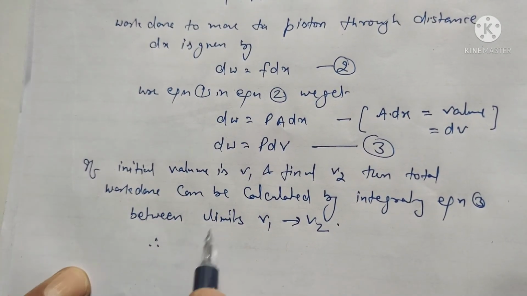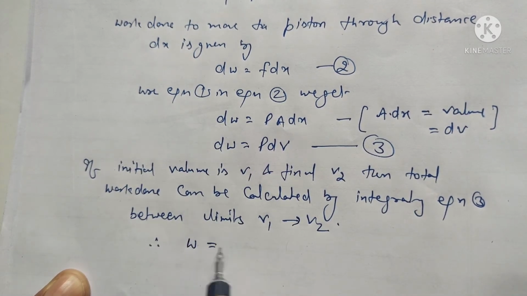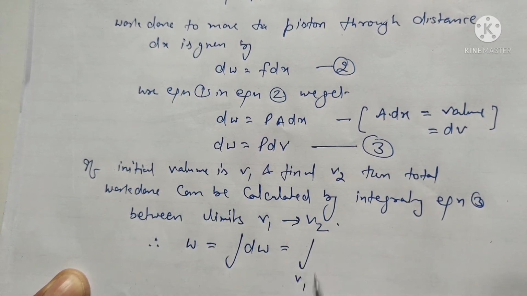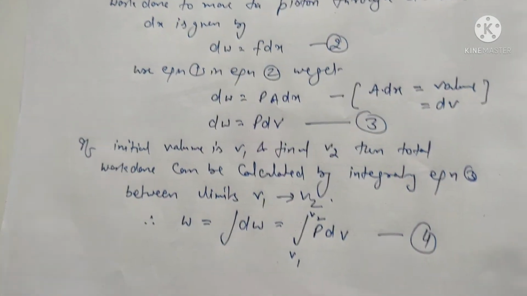So W equal to integration of dW, which is equal to integration from V1 to V2 of P dV, and this is equation number 4.